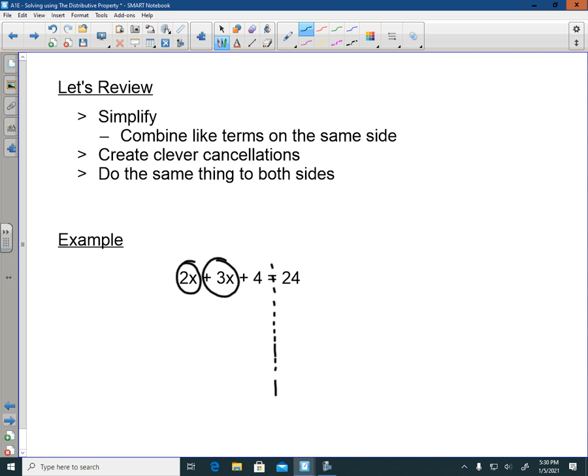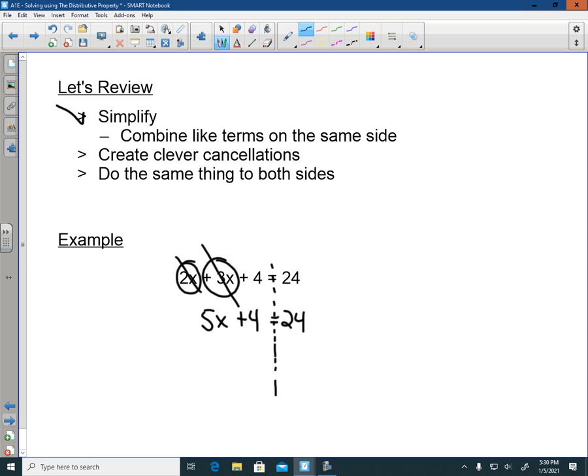There's a 4 there too, but there's nobody to pair it with, and so we won't. You're just going to simplify the things that you can simplify. 2x's plus 3x's is 5x's. And then we haven't done anything with the 4, so we bring it down, and that equals that 24 that we haven't done anything with either. And now we have simplified. We have taken care of our simplification step.